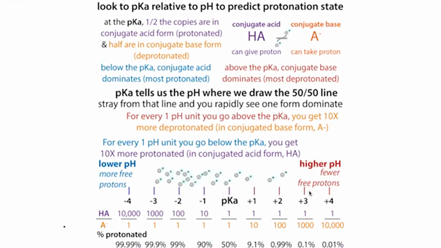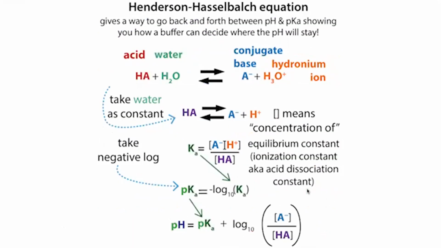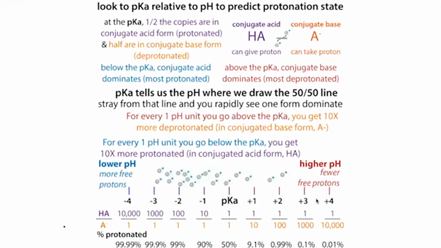We're going to have about 10-fold more of that base form, and so about 9% of it will be protonated. It's not quite equal numbers of these two, but it's still going to be significant amounts of each, and so you'll have significant buffering capacity.